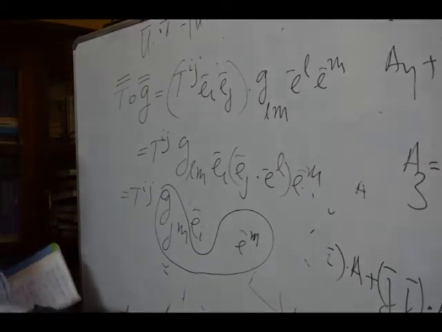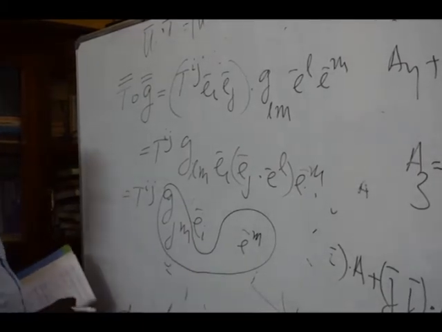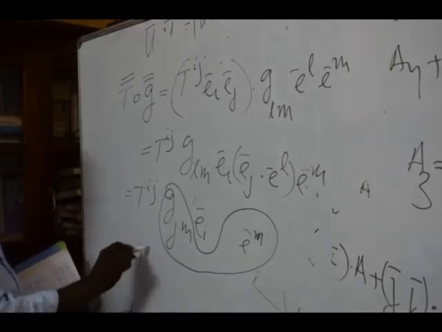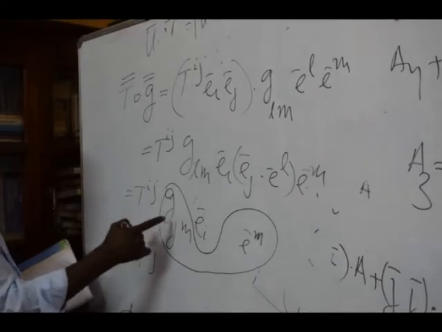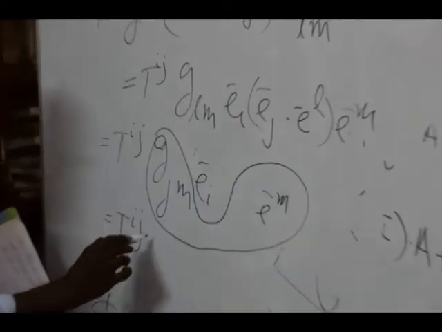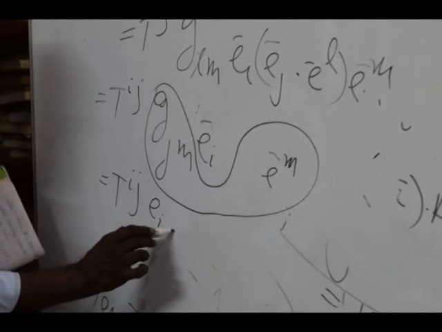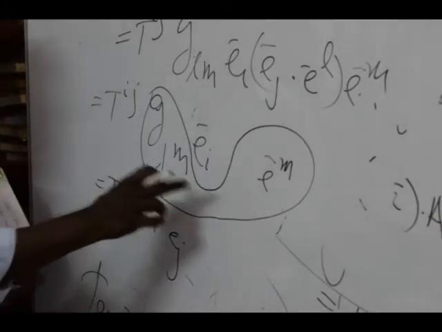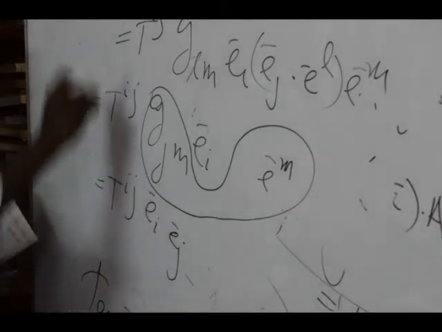Then this M is lowered to J, and you write Tij. This is the index lowering operator: Ei Ej, with M lowered. So you got back the same tensor.